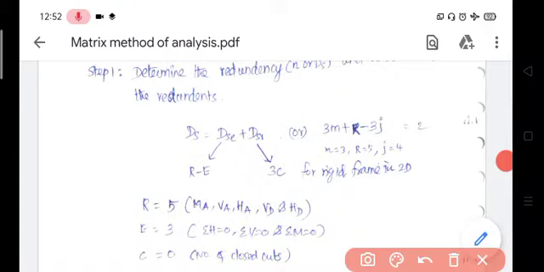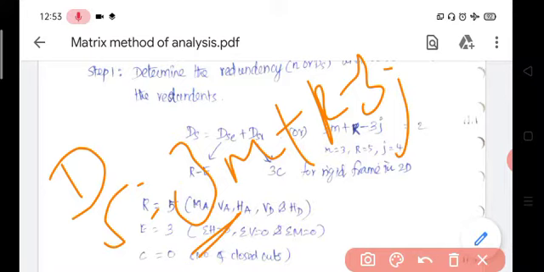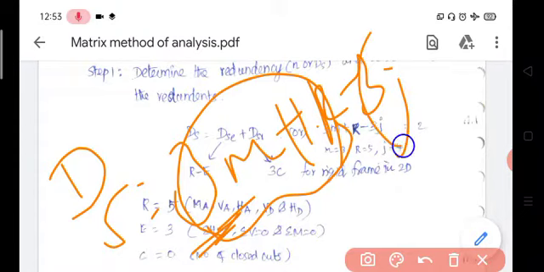Or we can use the formula: degree of static indeterminacy ds is equal to 3m plus r minus 3j. Each member has 3 unknowns: axial force, shear force, and bending moment, so 3m. Each reaction has only one unknown, so 1 times r. Each joint has 3 equilibrium equations, so 3j. The first two are the number of unknowns and the last is the number of available equilibrium equations.